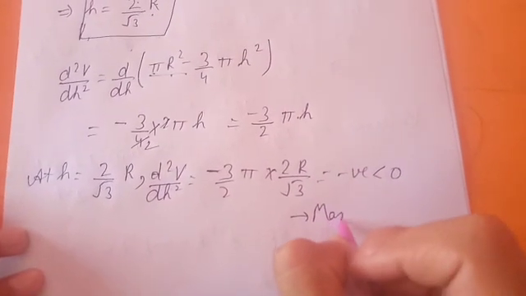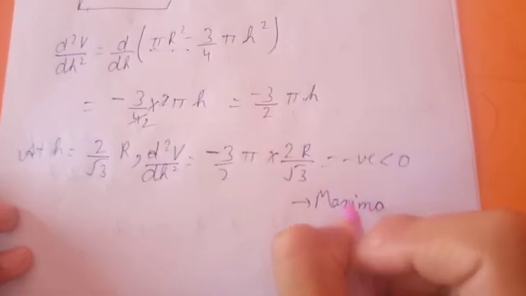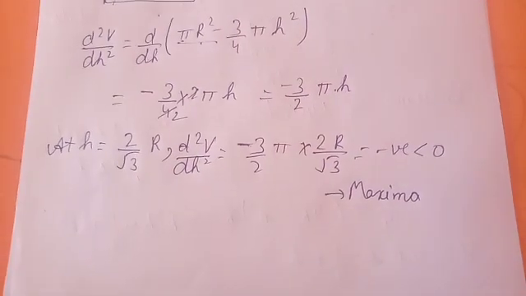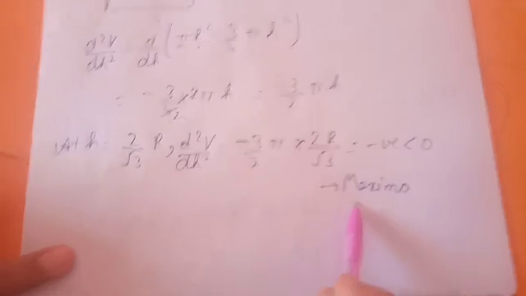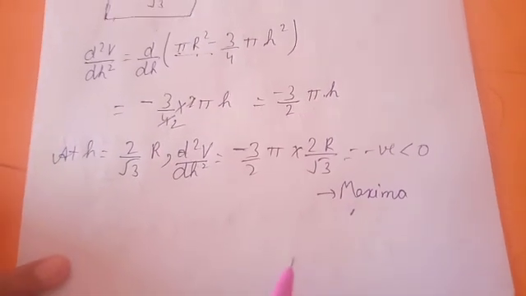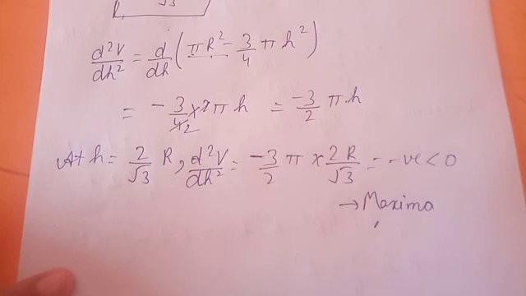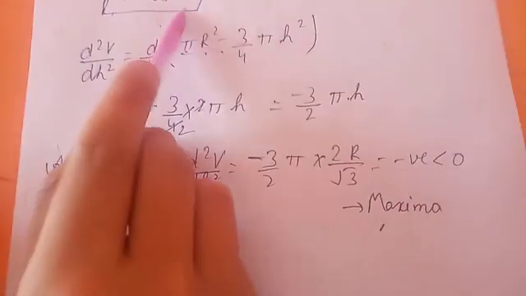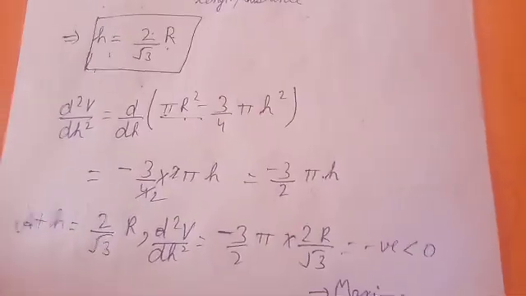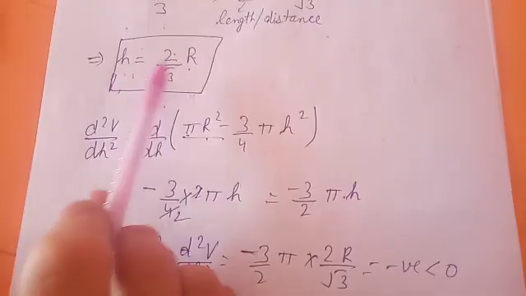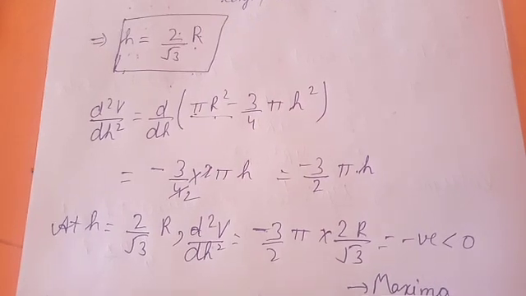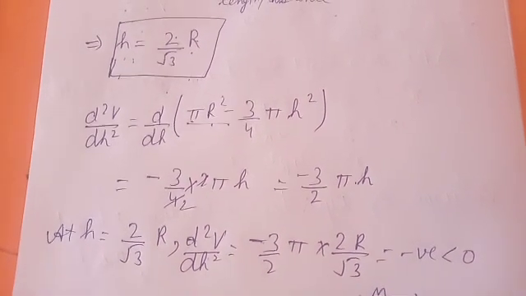Okay, so we will get the maximum volume of the cylinder at h equal to 2 by root 3 R.